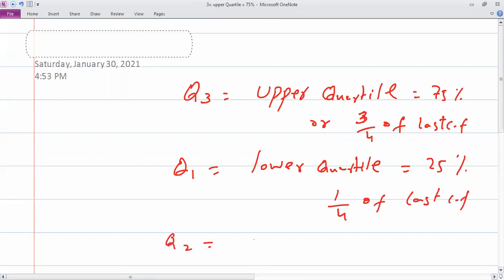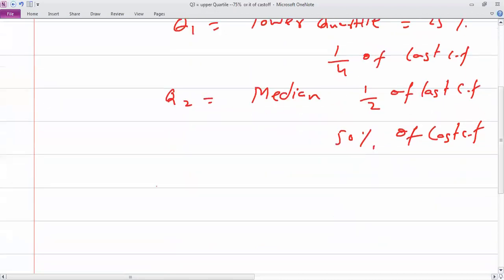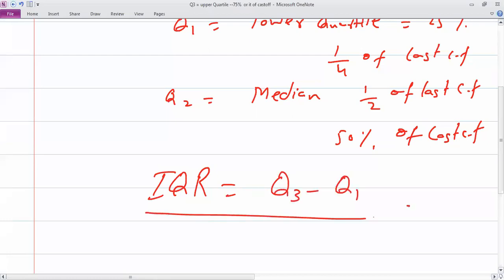Median Q2 is 1 over 2 of the last cumulative frequency, or we also call it 50%. And one more thing, the interquartile range, IQR, will be Q3 minus Q1. This is the interquartile range.